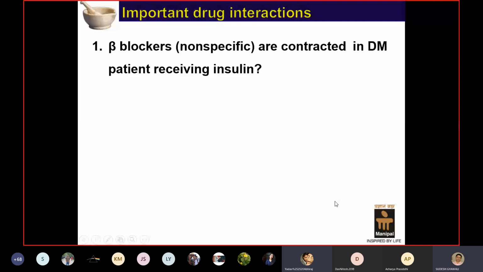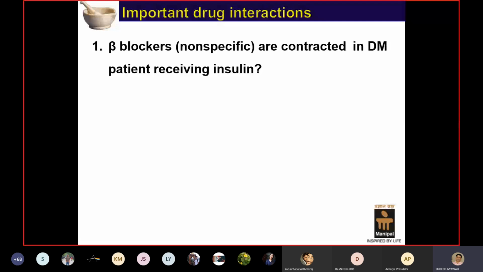Okay, now what happens is in a diabetes patient receiving insulin, there is a chance of hypoglycemia. Got it? And when there is hypoglycemia, there are two things which occur in our body. Number one, there will be symptoms of hypoglycemia.